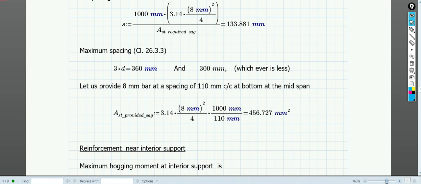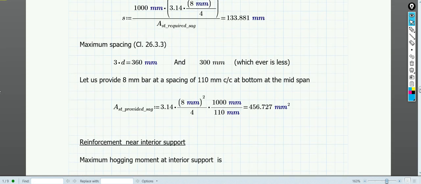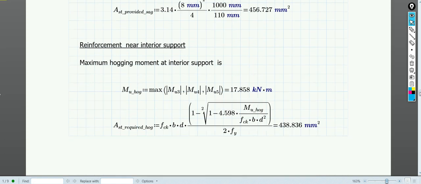Assuming an 8 mm bar, we can provide a spacing of 110 mm at mid span, in the center. What is provided is around 456 mm square, and what is required is around 375. So obviously we have provided a larger value, so that is okay.